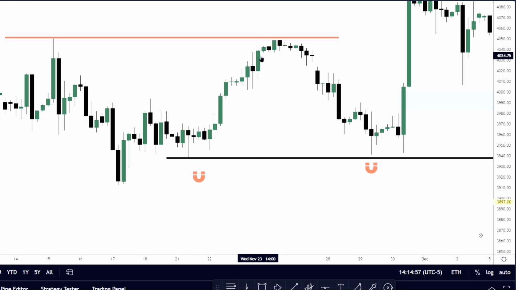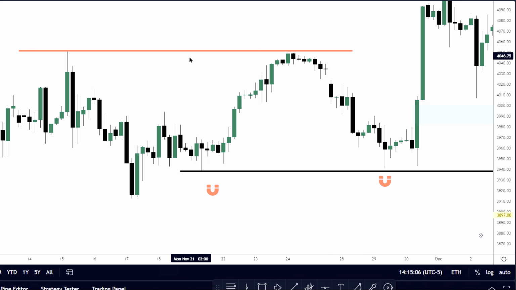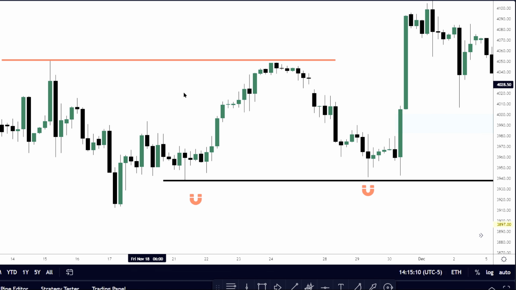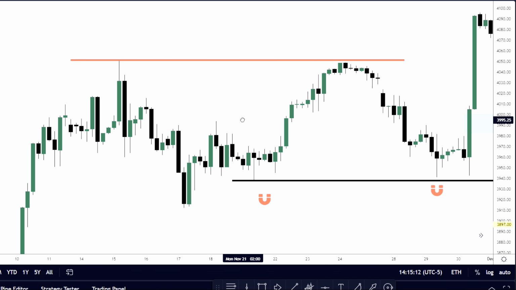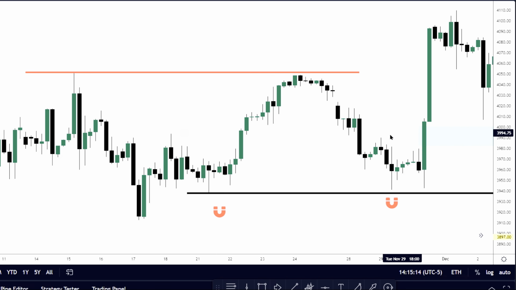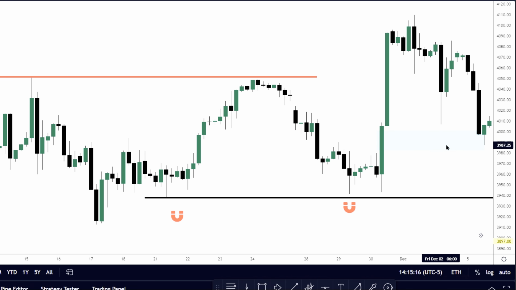IPDA's job is to create and seek liquidity for smart money, hedge funds, really big traders to be able to get in and out of the market. If you have a position of 100,000 ES contracts, this isn't going to help you get out of that position. It's not. But this is, because there are stops here.